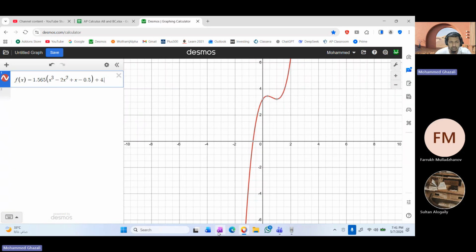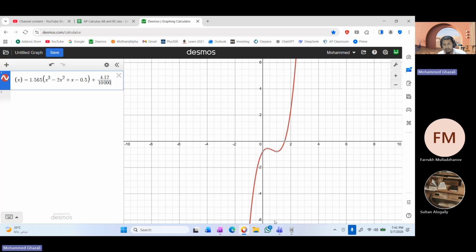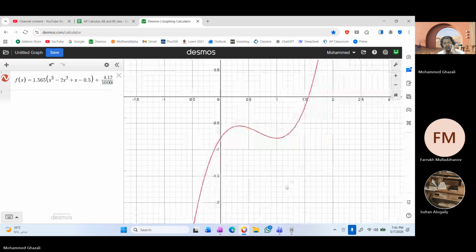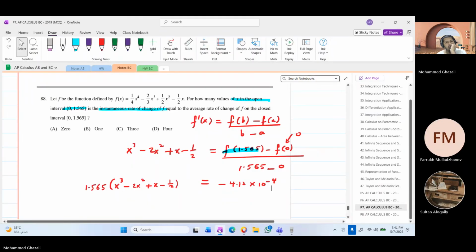Plus 4.12 divided by 10,000. If I take this and bring it over, x cubed minus 2x squared plus x minus half minus 4.12 times 10 to the power negative 4.